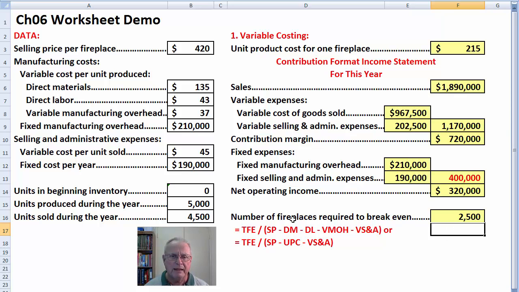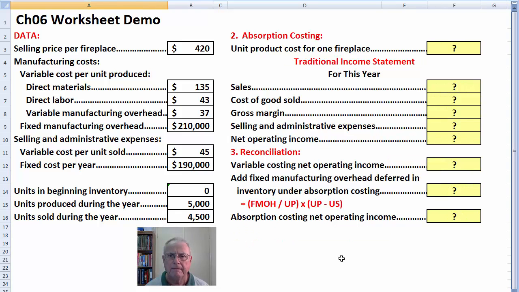Just to be sure we're right, let's put 2,500 units over here. And sure enough, we end up with no net operating income.